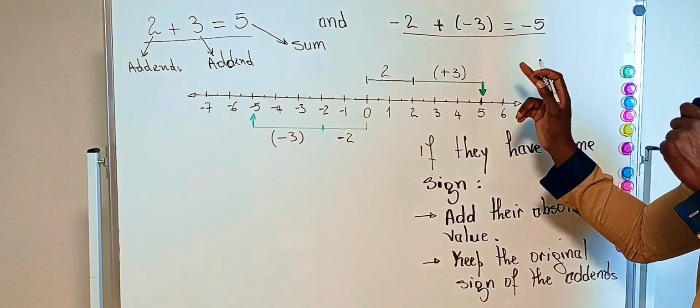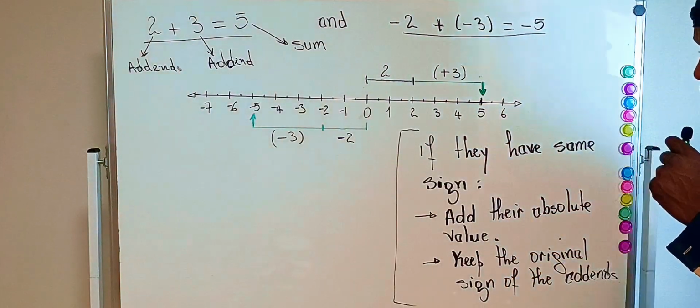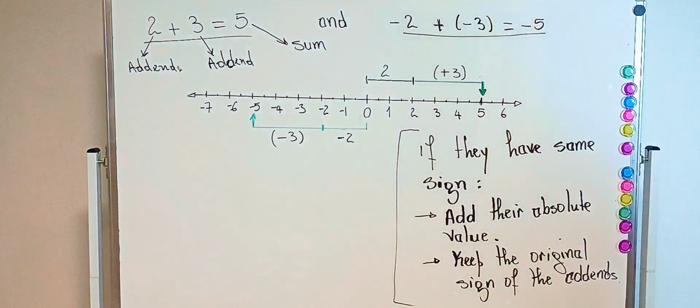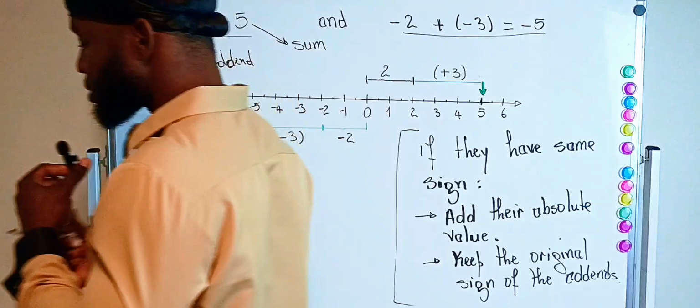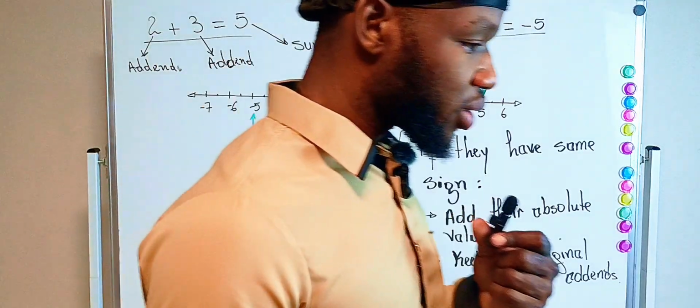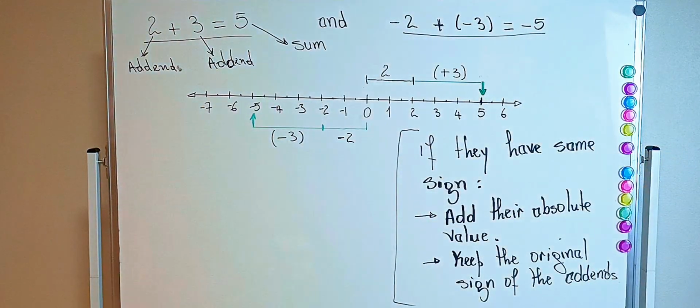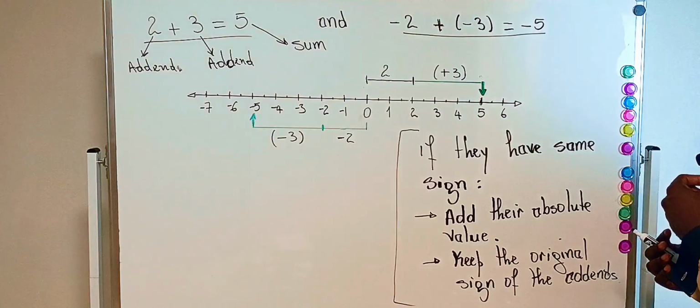Okay, exactly. So I give you the rules, guys, in order to add signed numbers. This is the rule that you gotta follow whenever you gotta add, okay, signed numbers.